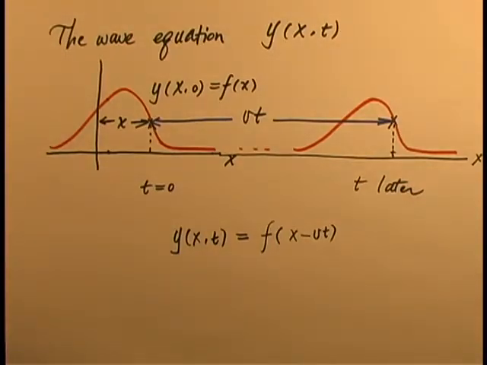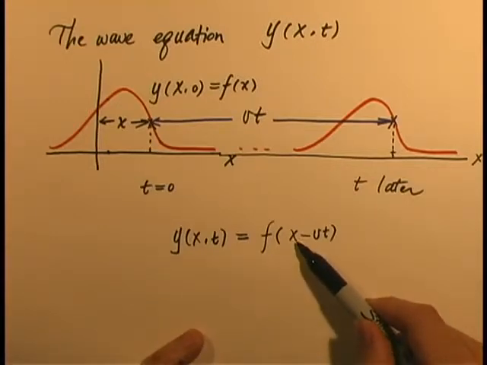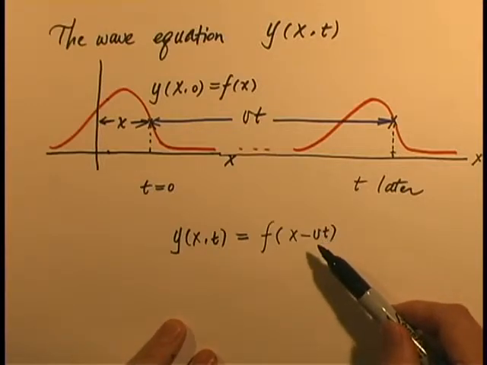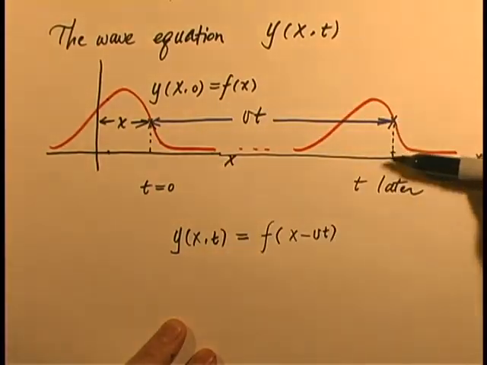Then, if the wave propagates down the string with a speed v, undiminished, the pattern does not change, then I can find the wave displacement y at any location x at any time t later. All I have to do is take that same exact function f, and shift x to x minus vt. That is all I have to do, because I utilize the fact that this displacement equals that displacement.